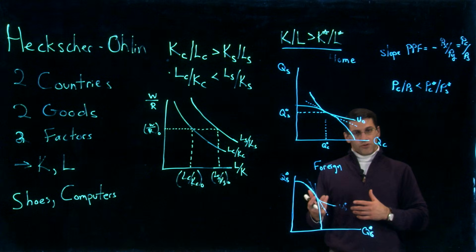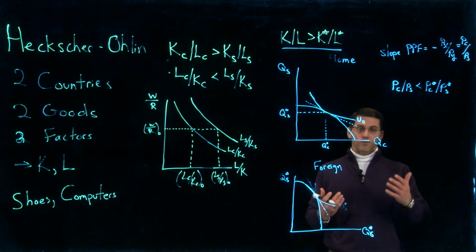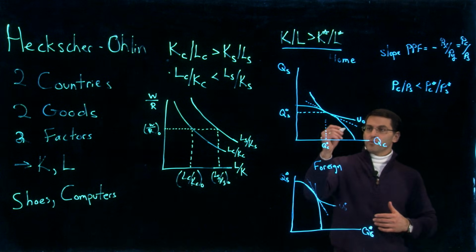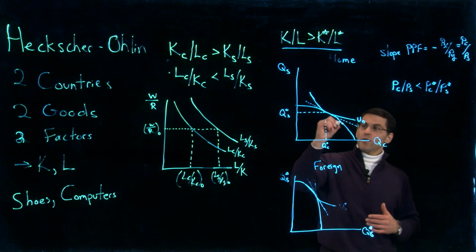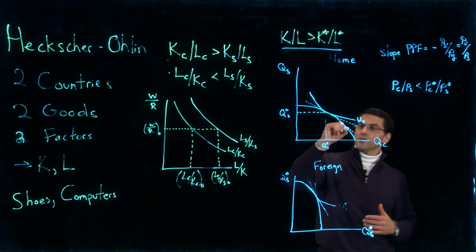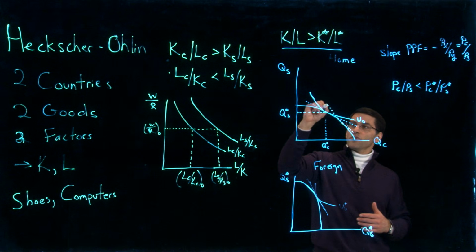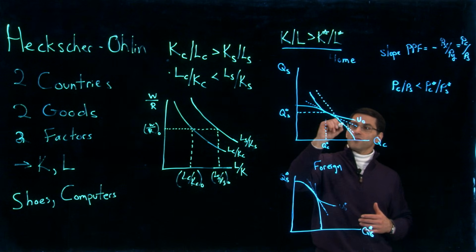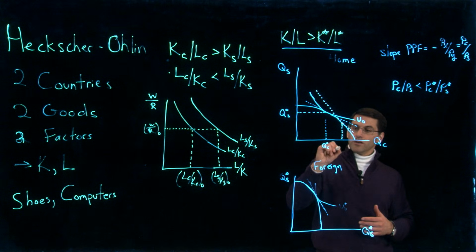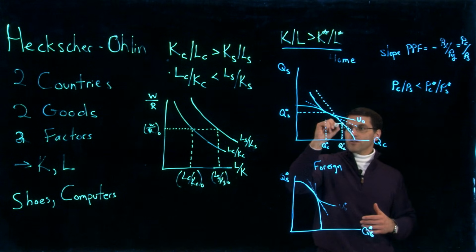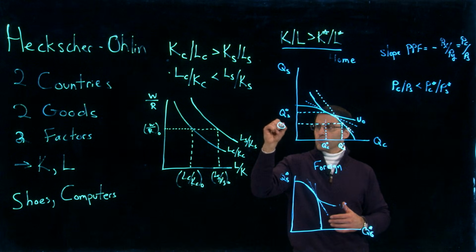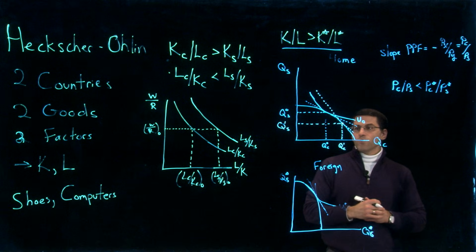So from the home country perspective, that's going to be seen as an increase in the relative price of computers. So if we add that world price in here and look for our tangency with the PPF, maybe it'll be at a point like this. What would we see?